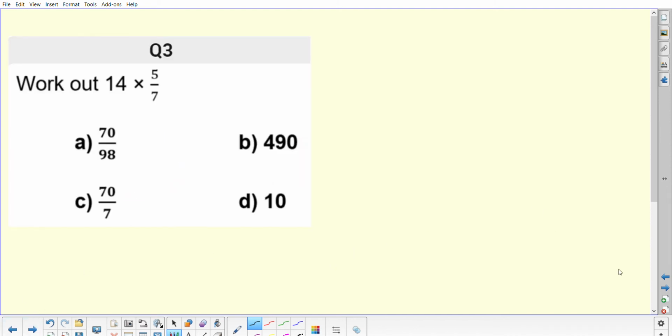Question 3, with this we've now got a whole number and a fraction going on. So to do 14 times 5/7, I would expect to see you have written the 14 as 14/1, so that we can see it as two fractions multiplied together.